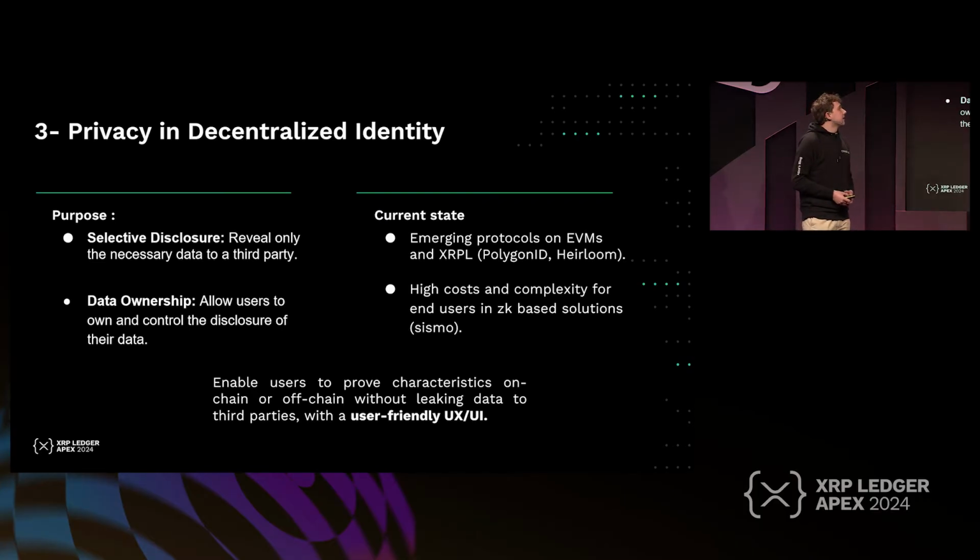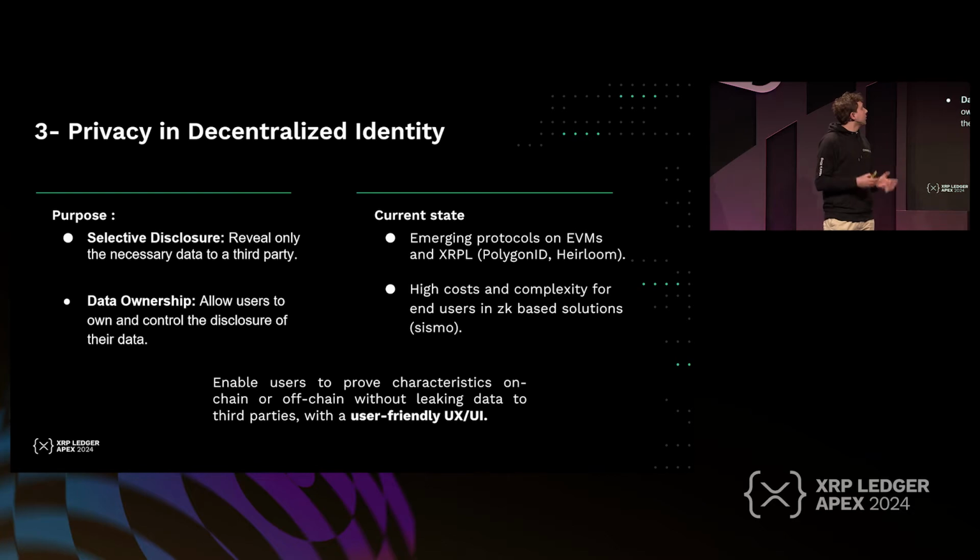In the current state, there are some protocols that exist on EVMs. I'm thinking of Polygon ID. Heirloom is using it, so if you have signed in with Heirloom at the venue, you have used Polygon ID. The thing is that those kinds of protocols are all based on ZK-SNARKs, which makes it very complicated for non-Web3 users to onboard and use those privacy protocols.